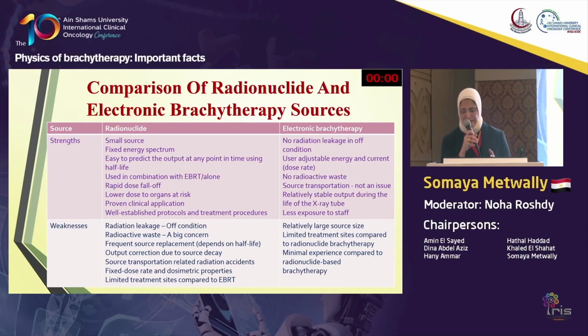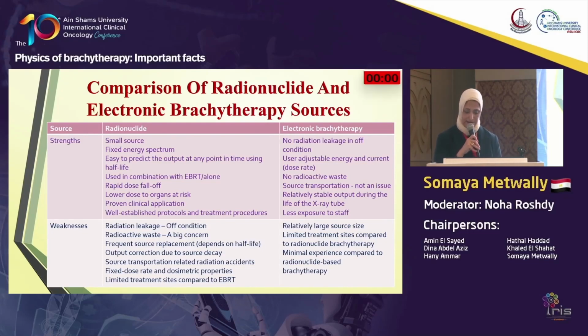Okay, what is the weakness of electronic brachytherapy? Relatively large source size. The X-ray tube is considered a large source size, limited treatment sites compared to nuclear brachytherapy, minimal experience compared with nuclear-based brachytherapy.